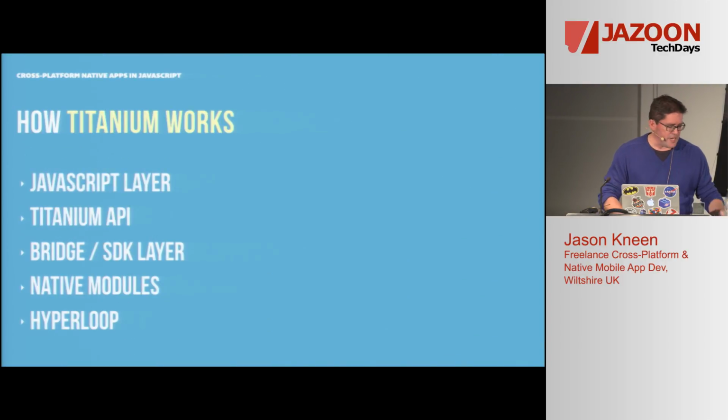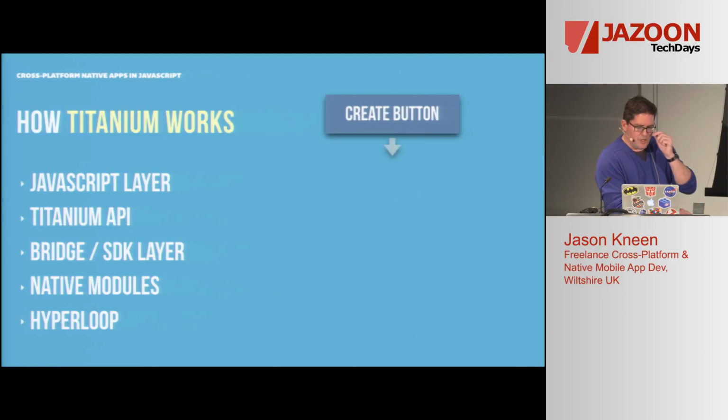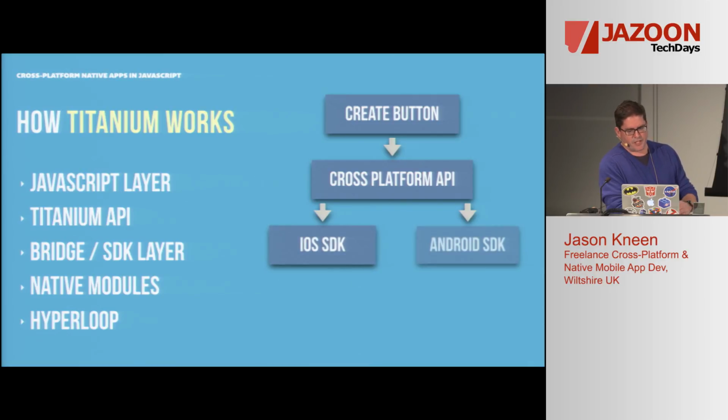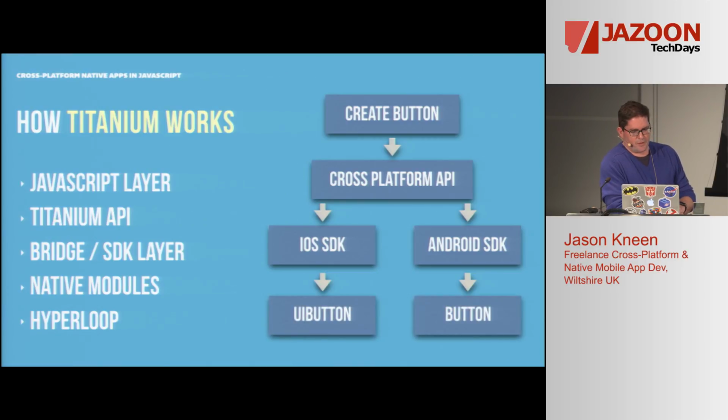So Titanium works using that principle. You create a button, you have a JavaScript layer, you create a button in JavaScript. It goes into the cross-platform API, the Ti.API or Ti.UI namespace, to create the button. The button's created, the cross-platform API creates the relevant objects on the other side, so UI button or Android button, and takes care of the translation of properties and methods and events across that.